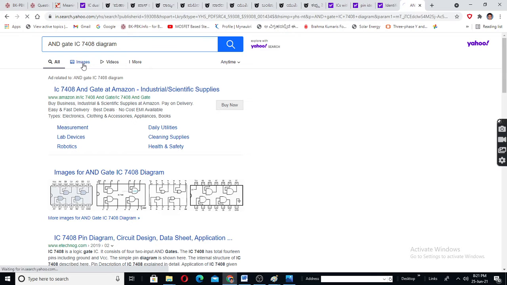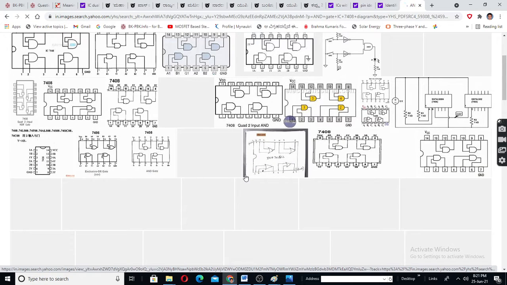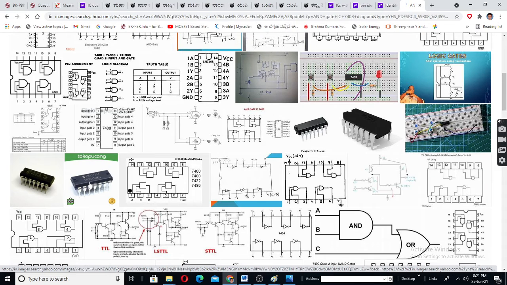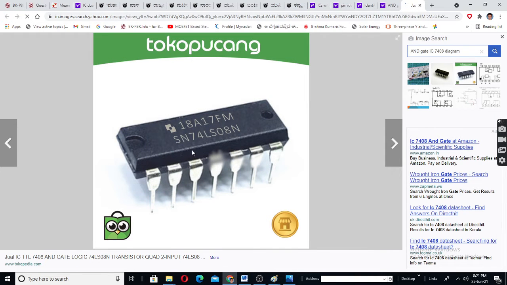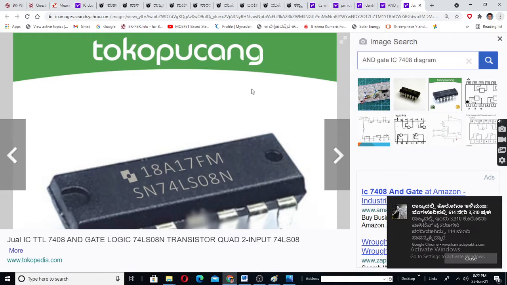If you see the image here, see here, it is written SN74LS08N. We are bothered only about 7408.